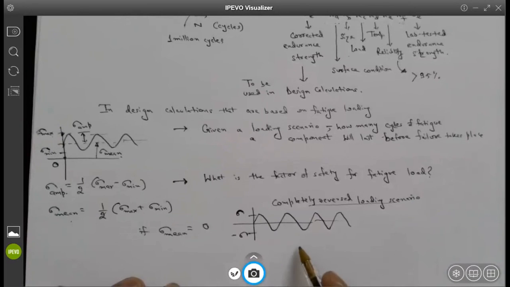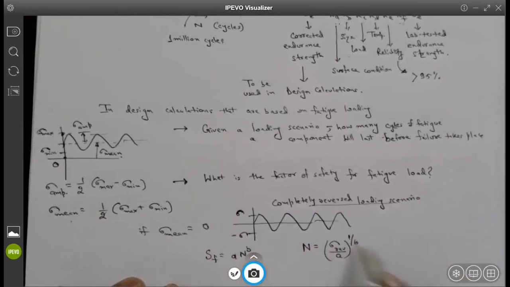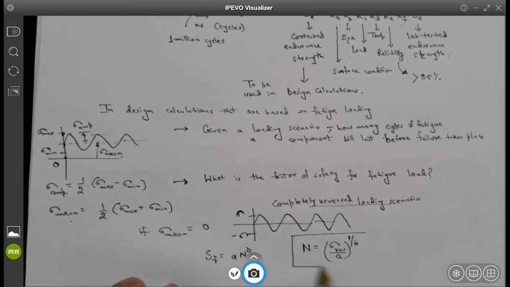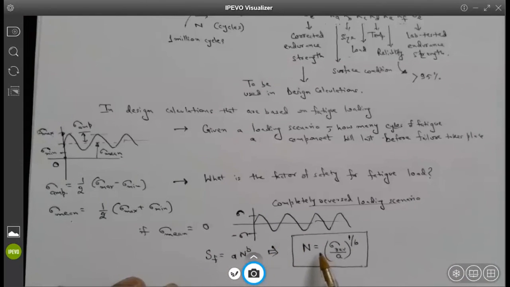N comes from this relationship, S_f equals A N raised to power B. So N will be sigma reversible divided by A, to the power 1 over B. This is a very powerful relationship that tells you the number of cycles to failure for this completely reversed loading scenario, where A and B are constants that depend on material properties.